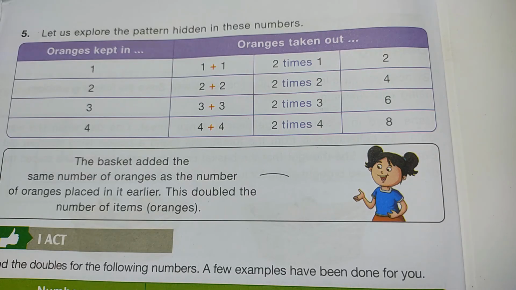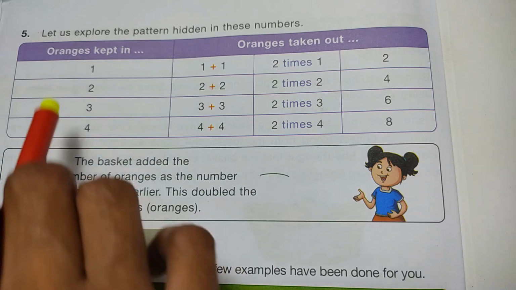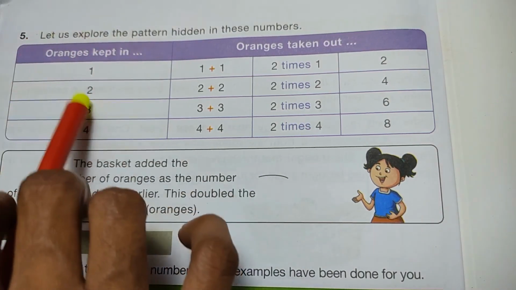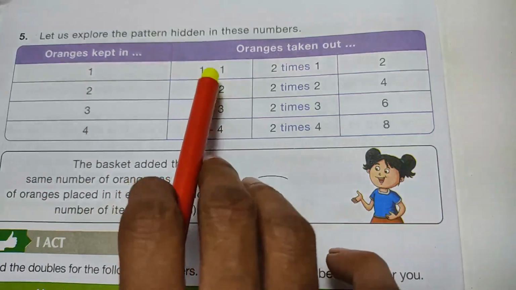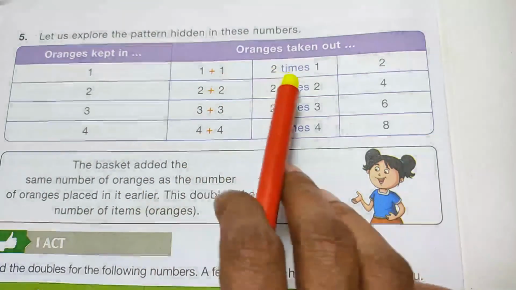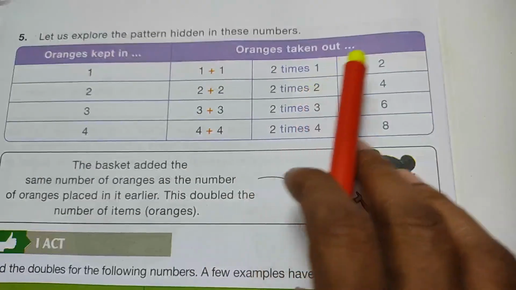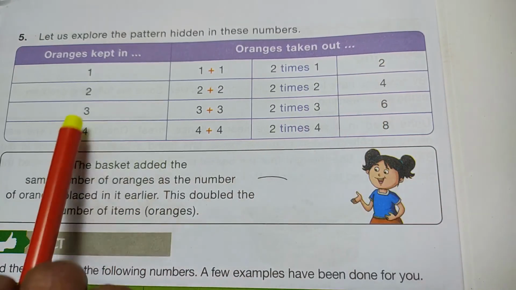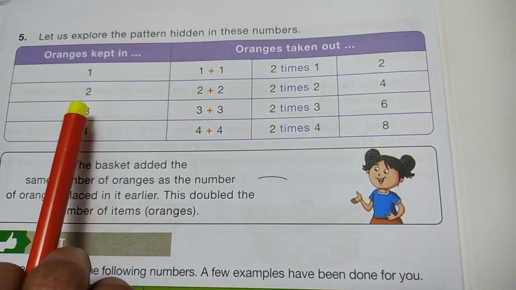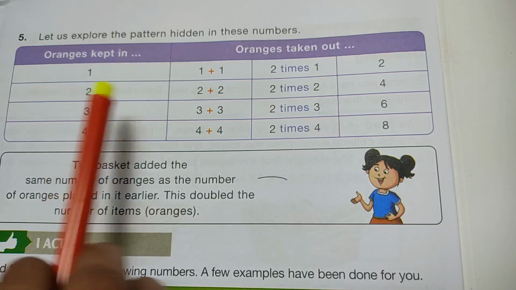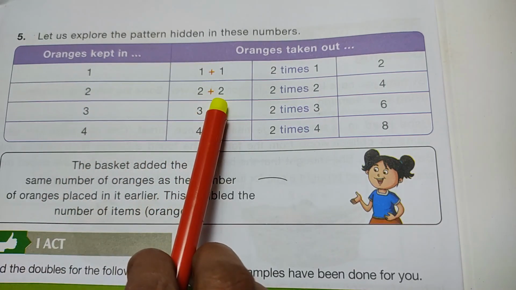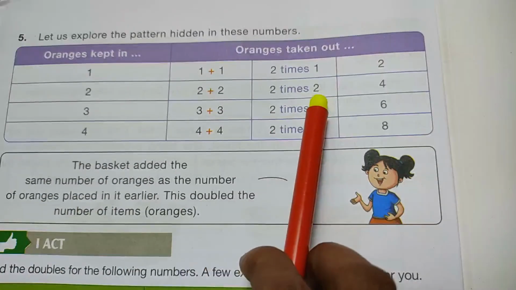Explore the pattern hidden in these numbers. Oranges kept in the basket: 1. So 1 plus 1 means 2 times 1 is equal to 2. Then oranges kept in the basket: 2. 2 plus 2 means 2 times 2, 4.